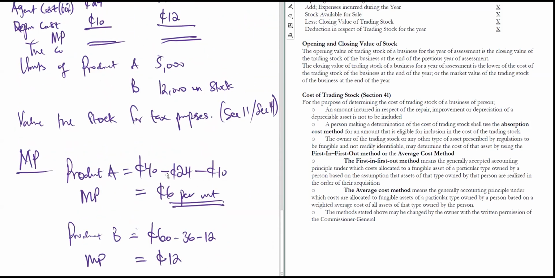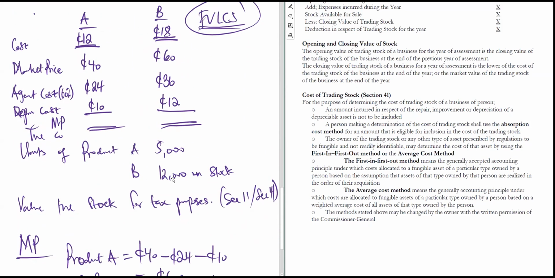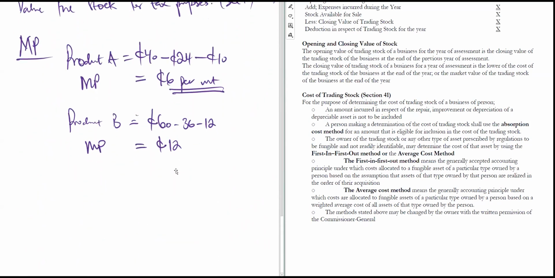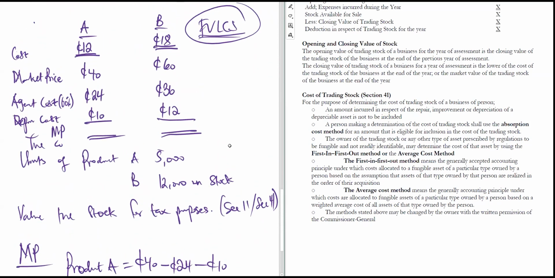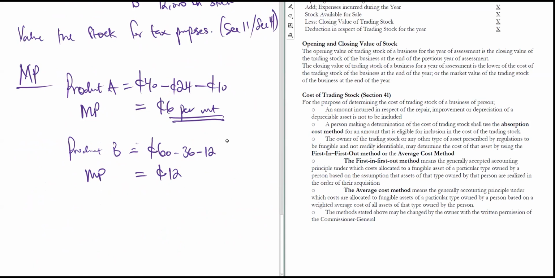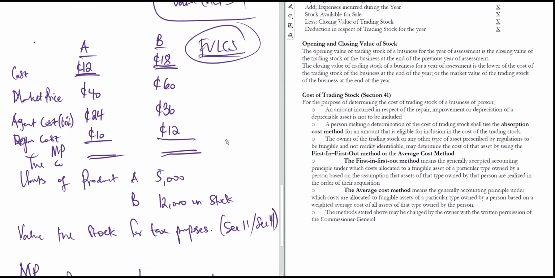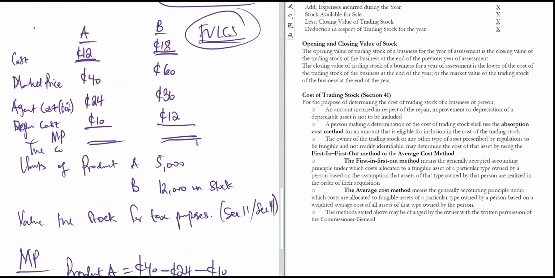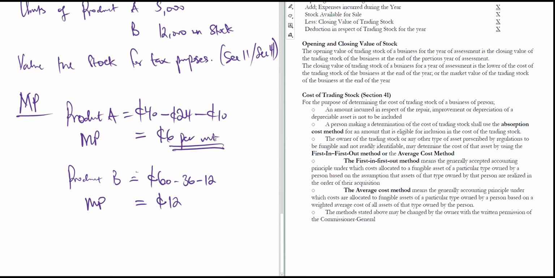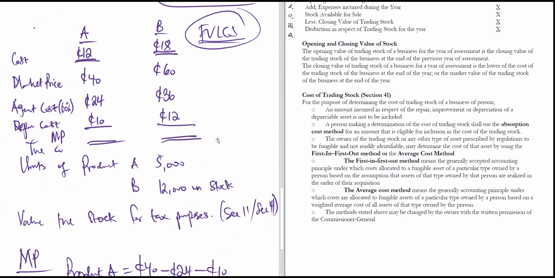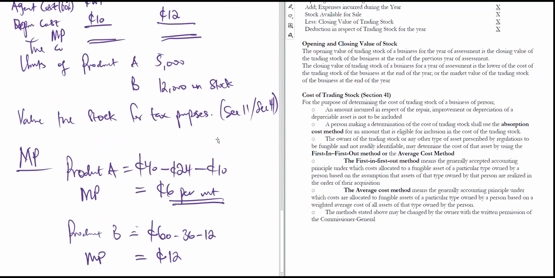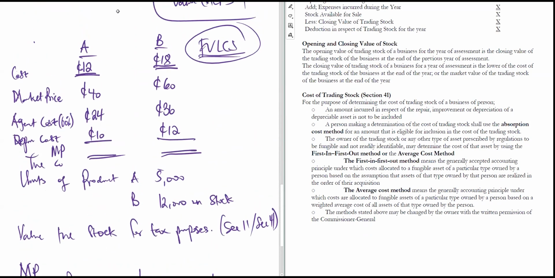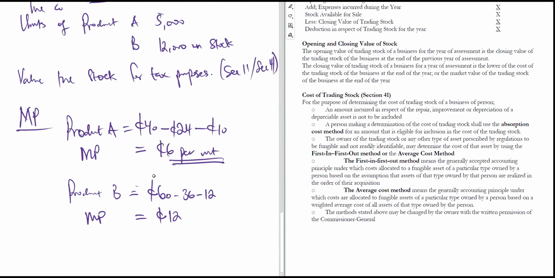So let's see. When we look at the two, which one was the lowest when we compare the two? For product A, what was the lowest? Was it the market value or the cost? Cost was 12, market value was 6.